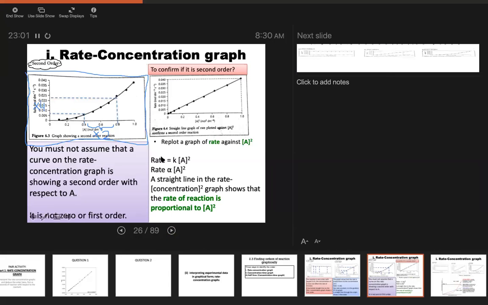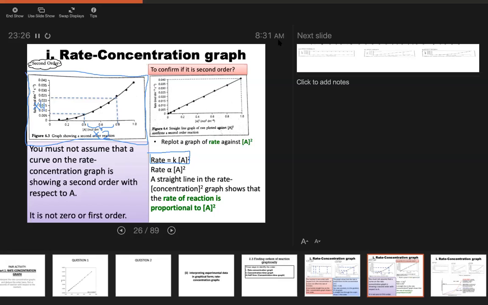Because if the reactant A is second order, this is how we write the rate equation: rate equals k times [A] to the power of 2. That 2 stands for second order. So if we plot the graph of rate against concentration of A squared, I will get a straight line.